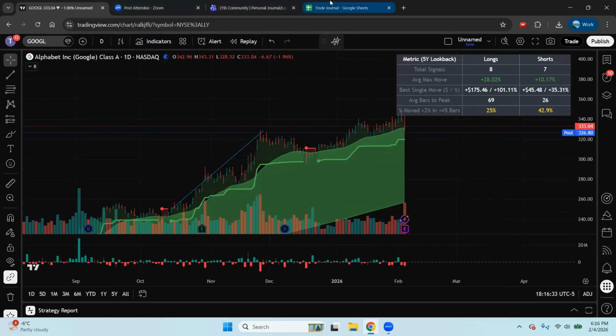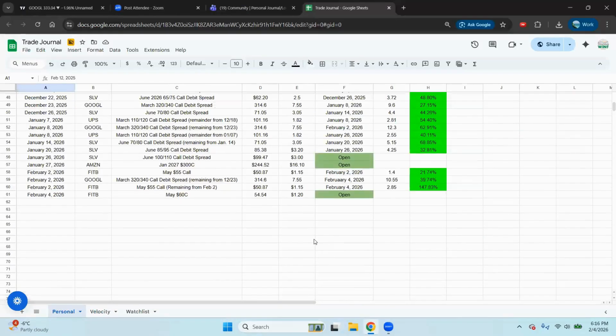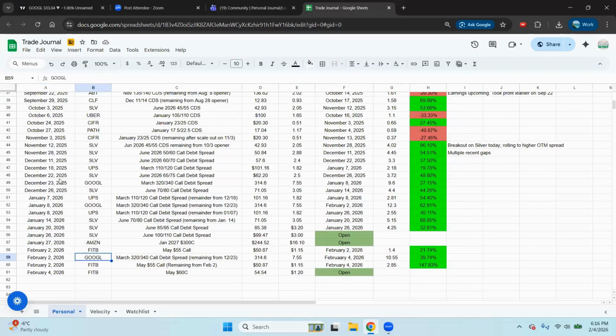I had closed out this position on Google earlier in the day and had taken profit on it. The open was on December 23. Then the first bit of profit taking was on the 8th of January at 27%.